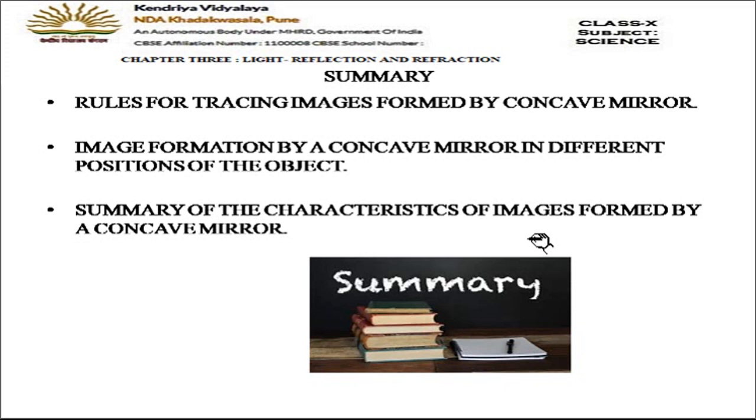Real image is when the rays actually meet, virtual means when they appear to meet, erect means when the image is formed above the principal axis, and inverted means when the image is formed below the principal axis. Real is always inverted and virtual is always erect. Okay, so I hope all the terms are clear to you all.